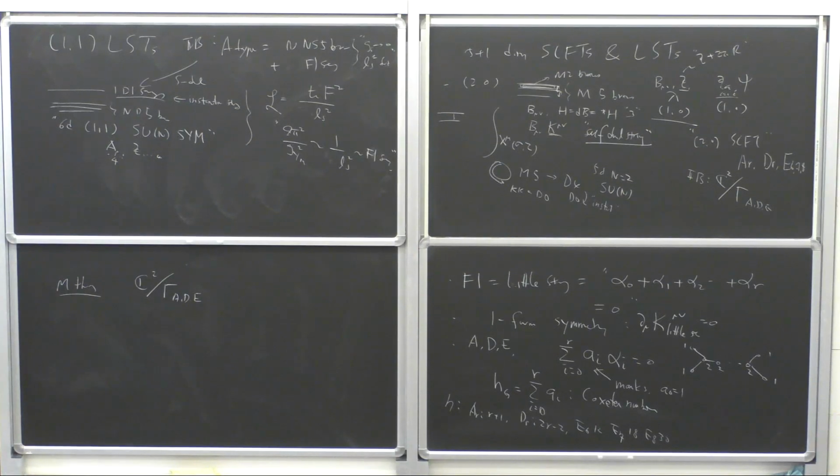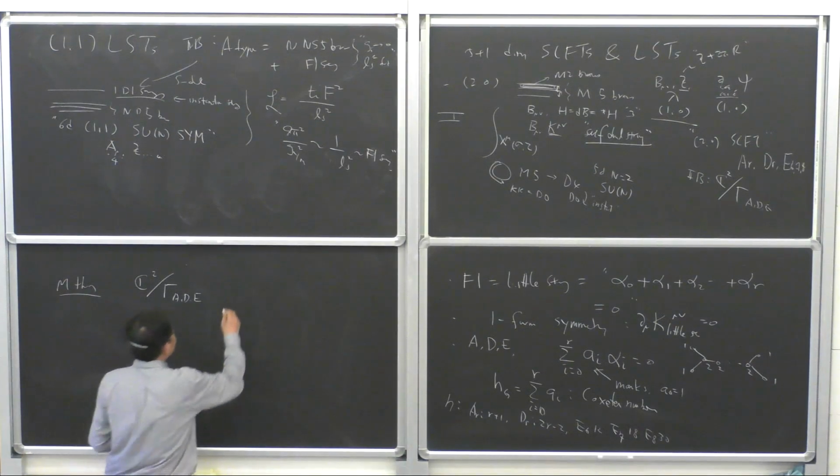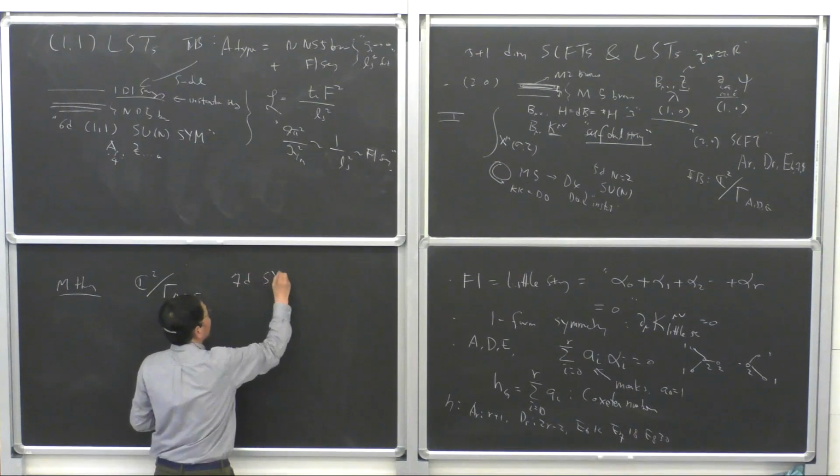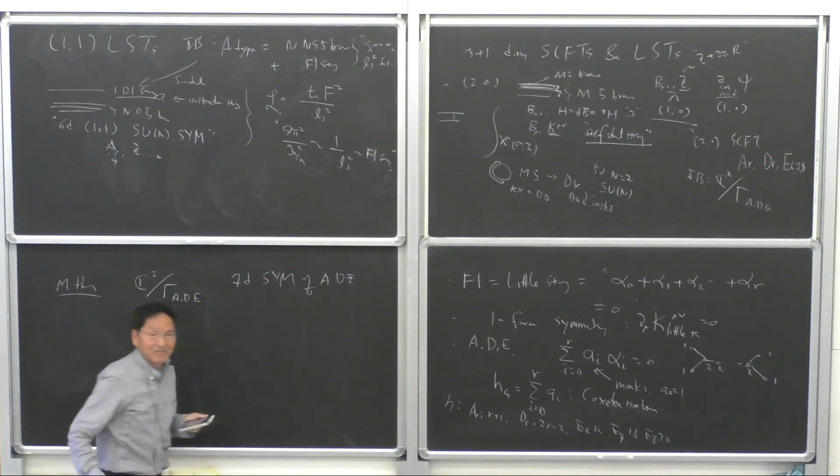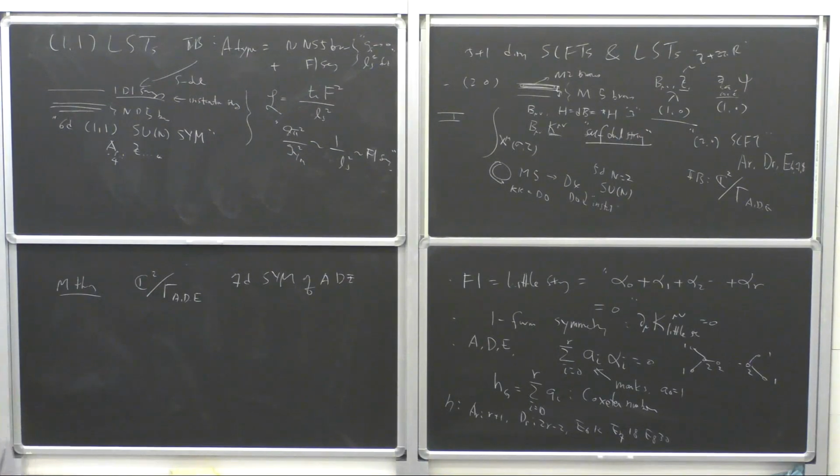And then if we blow up the ADE singularity, then we get a surface which you can wrap with M2 branes. So we can get the 7D Yang-Mills theory of ADE type. And for 7D Yang-Mills theory, you cannot decouple the gravity. So you have to include the 10D string theory or 11D M theory.